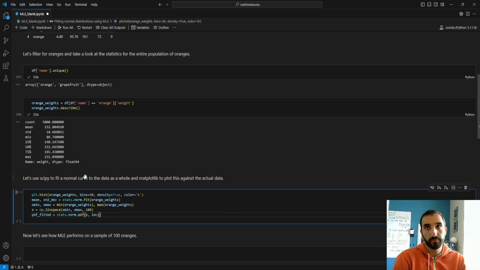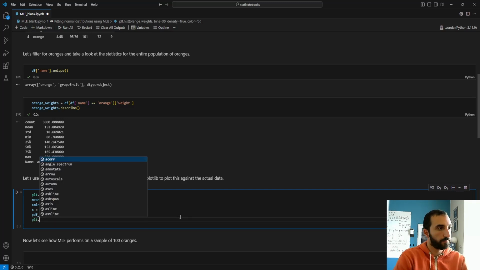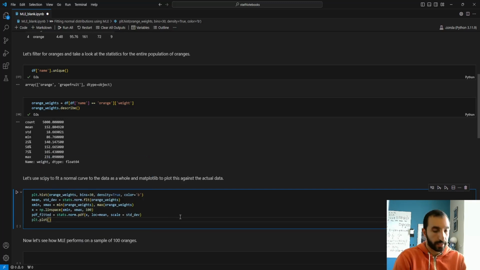So it's going to be specified by a mean, which is under the variable loc. So loc is mean, and a standard deviation, which is under the variable scale. Scale is standard deviation. And so this is like an ND array of x values, and it's going to return an ND array of y values.